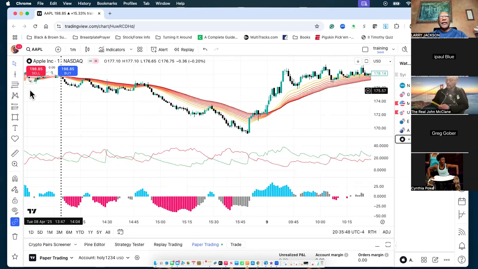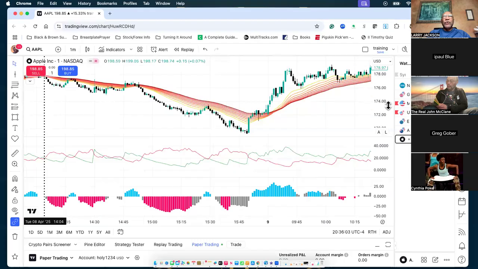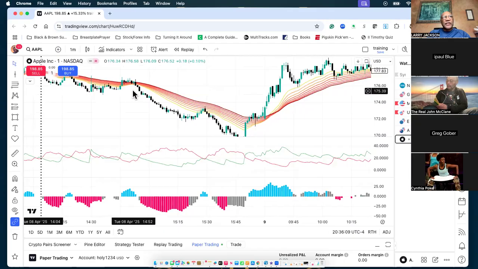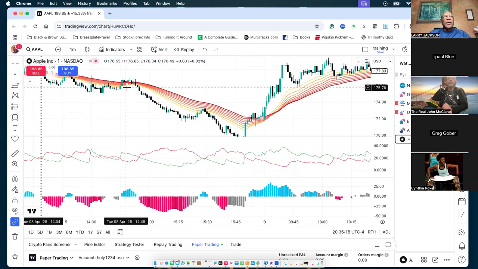So I want to be above the ribbon if I'm buying, and below the ribbon if I'm selling. I want to be away from the ribbon. Let me see if I can get something better as a cursor because that can be in your way.